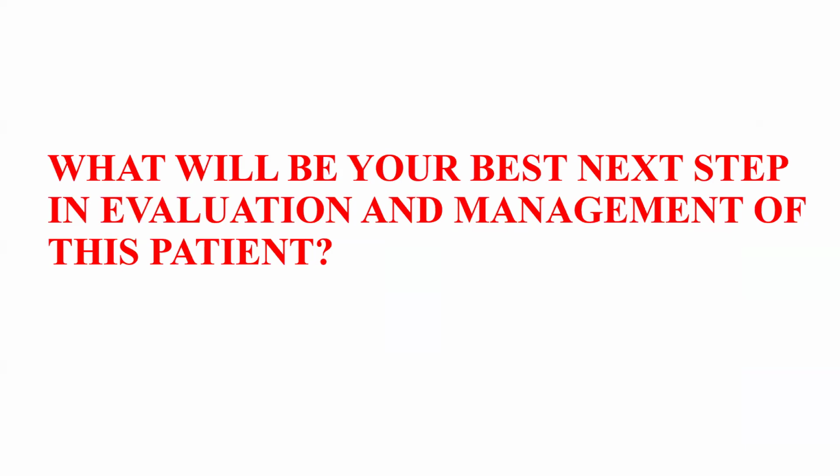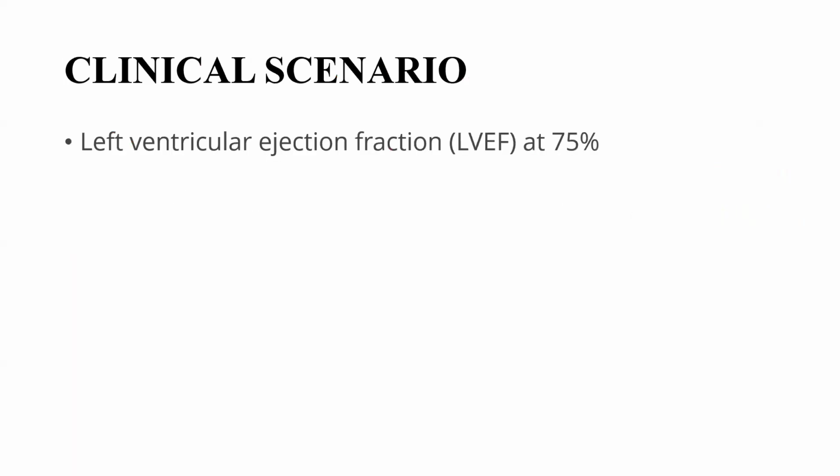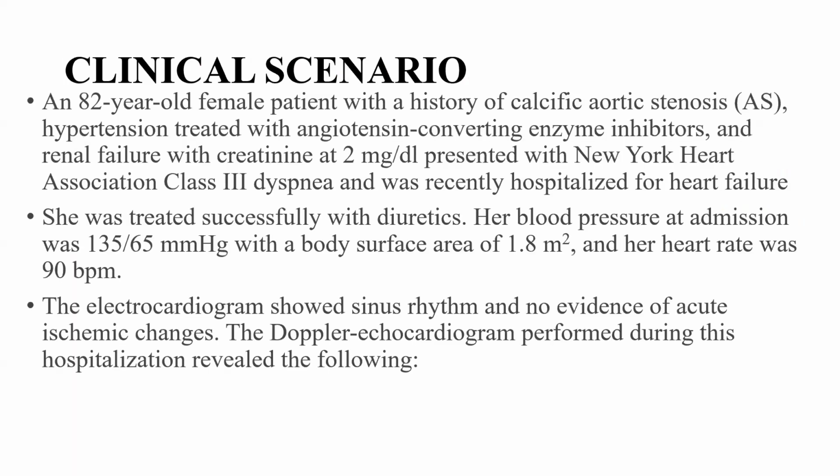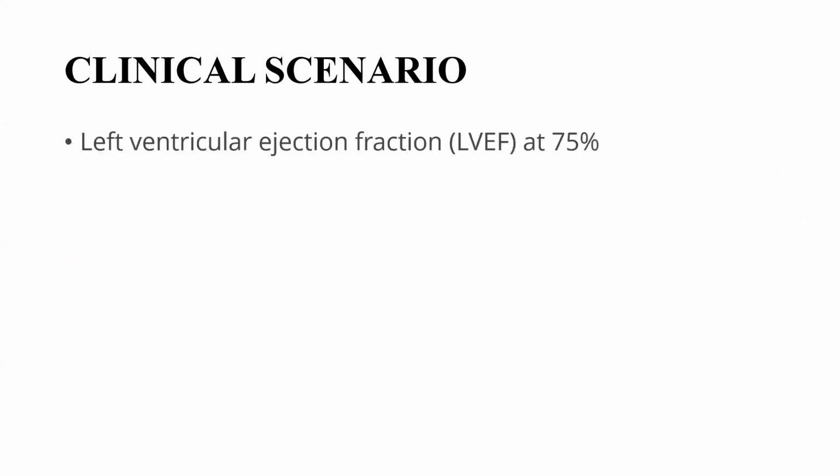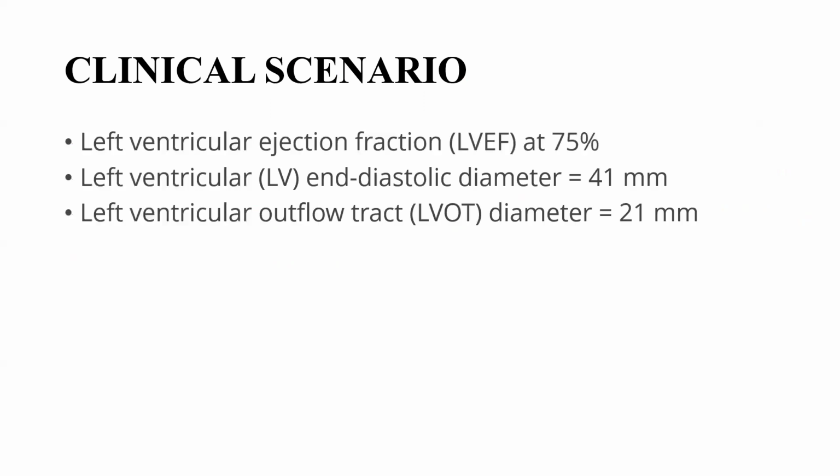Okay, what will be your best next step in evaluation and management of these patients? So we have to make it interactive. So in summary, you have an 82-year-old known to have calcific aortic stenosis, history of heart failure, comes in with dyspnea. BP is 135/65. EF is 75, preserved.